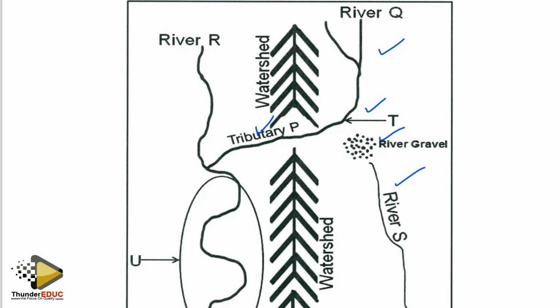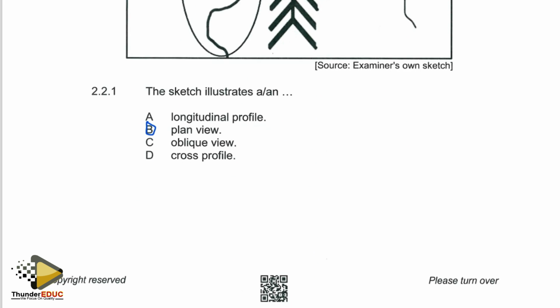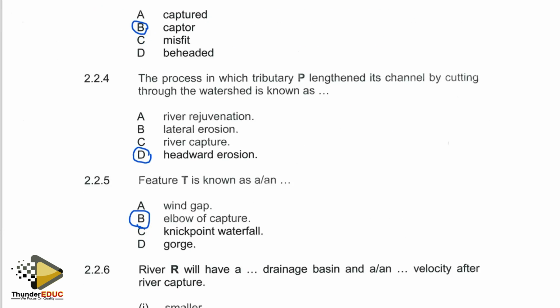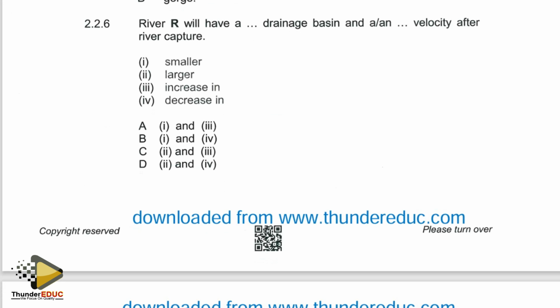But now its basin is extending going towards there, because this part of river Q is now part of its basin, because it's now being drained by this same river here. This is now a tributary of river R, so its drainage basin has been increased by the process of capture. So if we check on the responses here, it becomes larger.